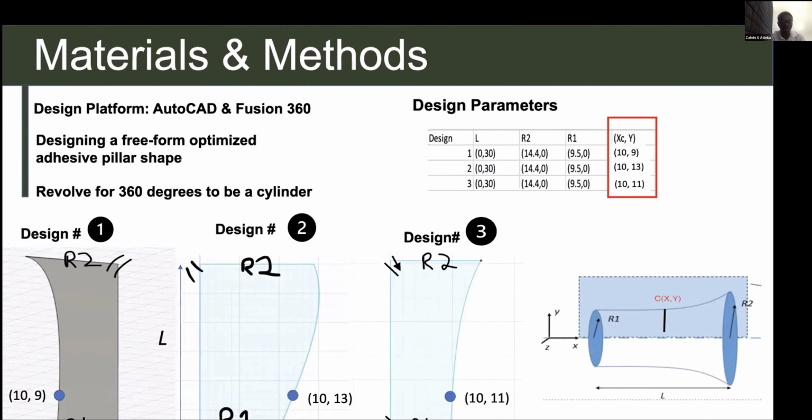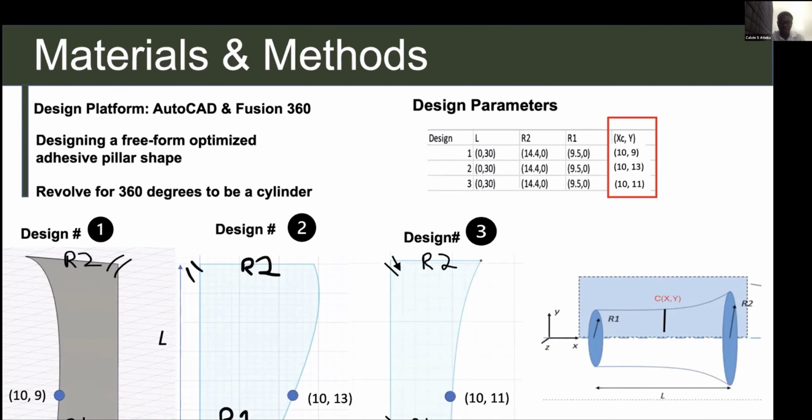What you can see right now are three of my main designs, out of the 20 I created throughout my research. The surface of each pillar was obtained by revolving a profile curve that is mathematically defined by the spline function on AutoCAD, going through different coordinate points.